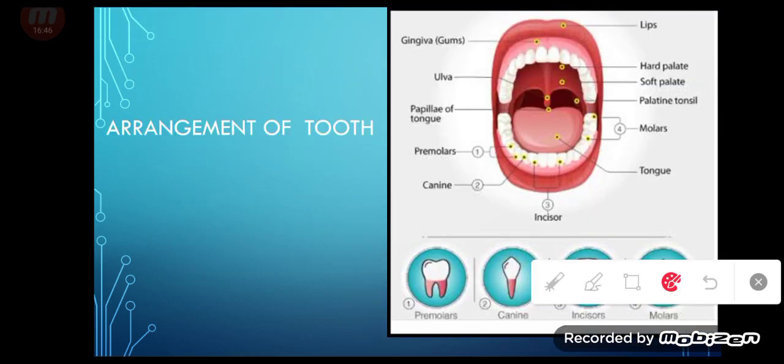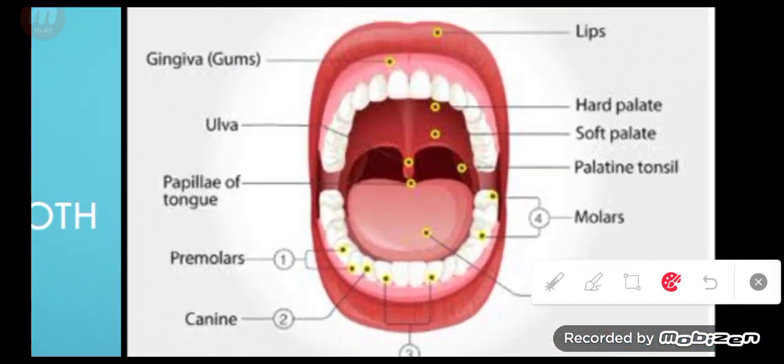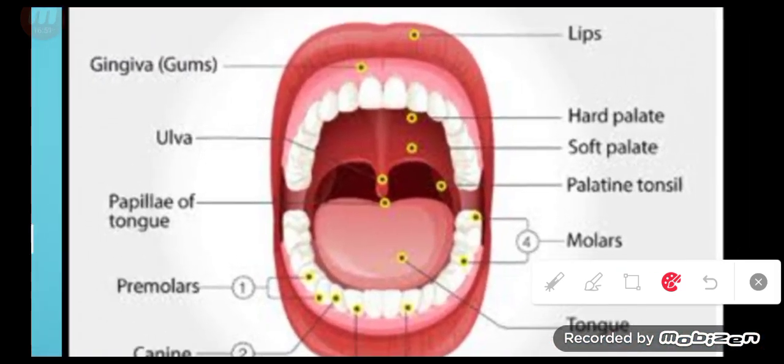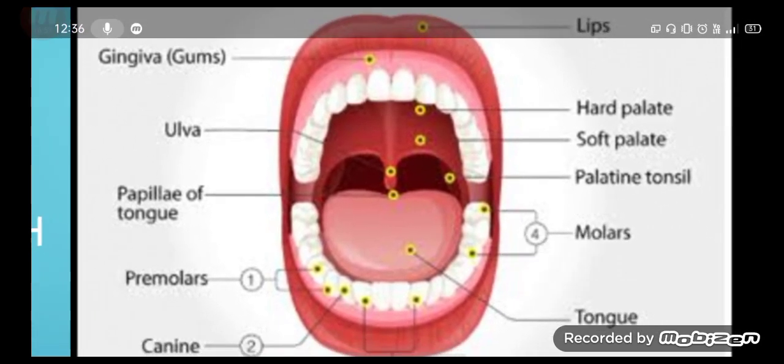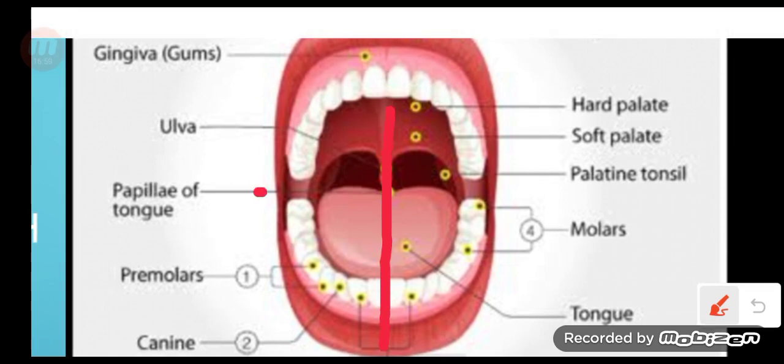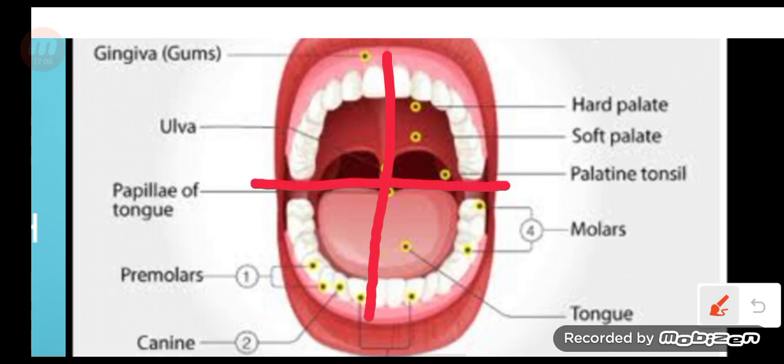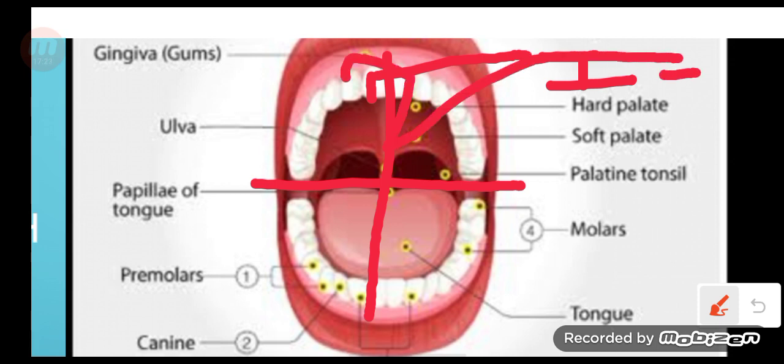Now let us see the arrangement of teeth. Here we can observe, let's divide this diagram into 4 halves, I mean 2 halves and then again 2 halves. Now you can see the first one is an incisor, and the second one is also an incisor.